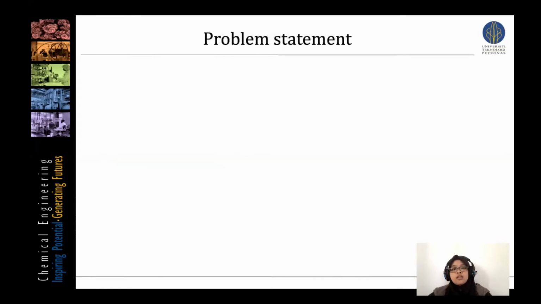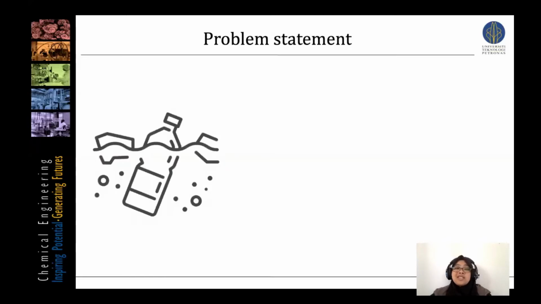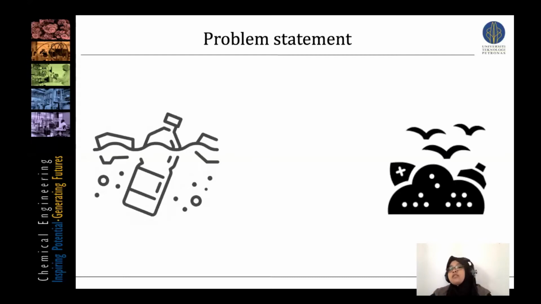Moving forward, to have a better understanding, let us look at the problem statement. So why do we design this kind of plant? It is basically due to the high number of issues regarding plastic waste, where the only common practice used in Malaysia is landfills.